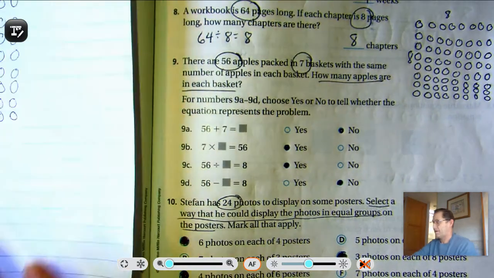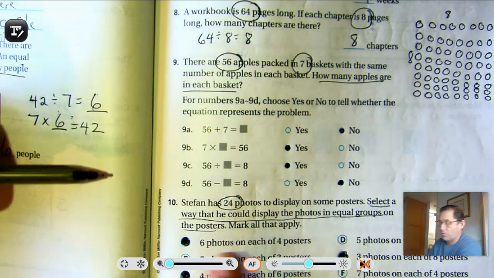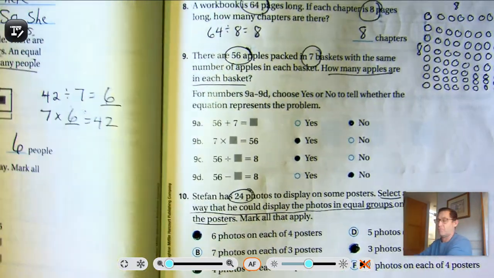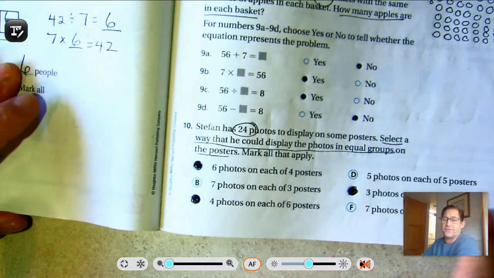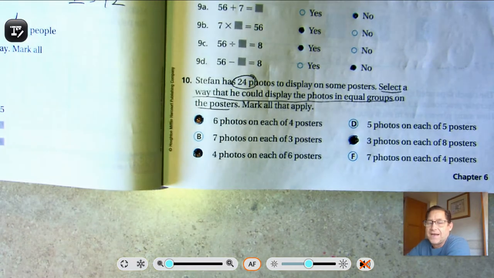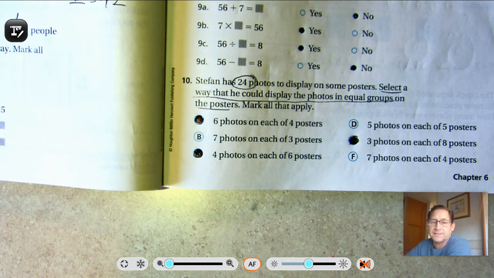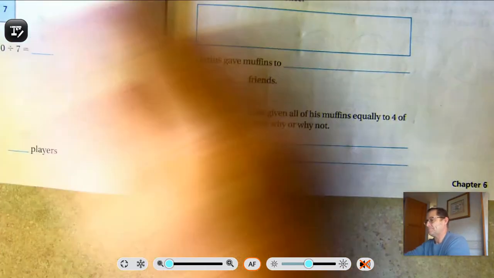No. So the only ones that would be able to represent 24 are 6 on 4 posters, 4 on 6 posters, and 3 on 8 posters. Basically, we were looking for factors that gave us 24. 3 times 8, 24. 6 times 4, 24. 4 times 6, 24.